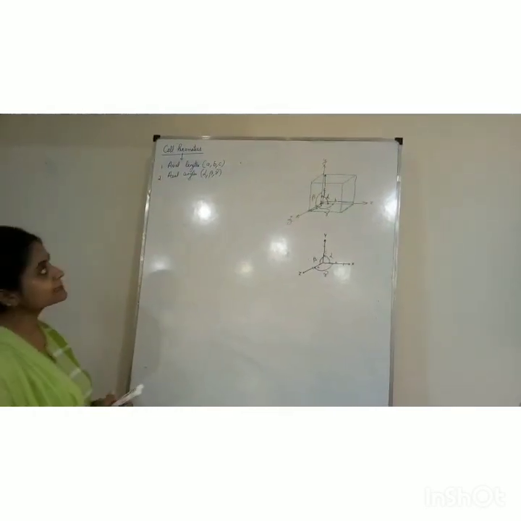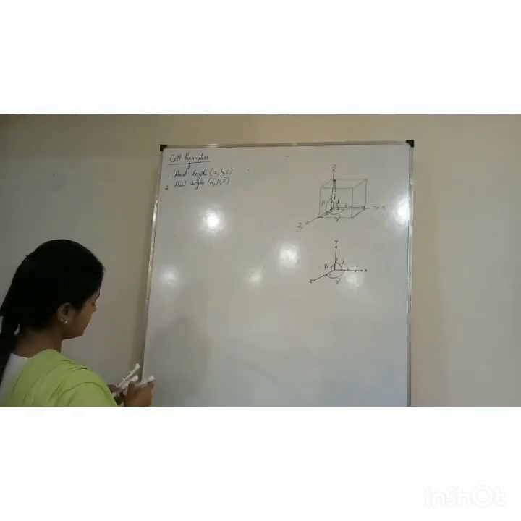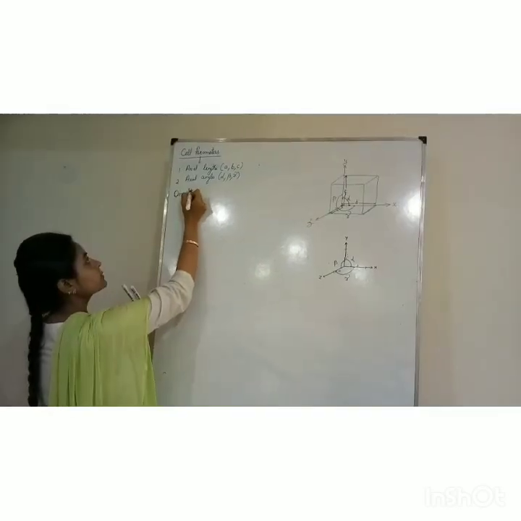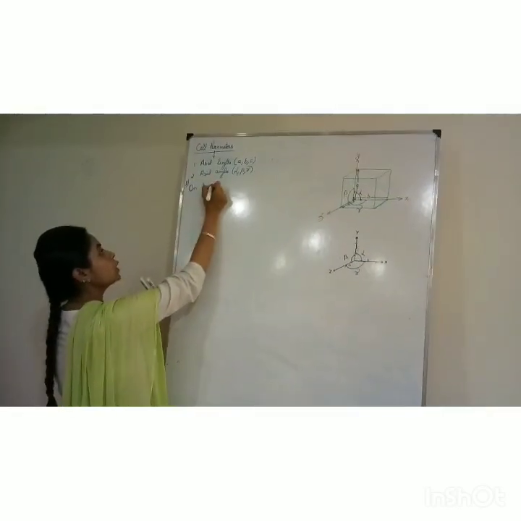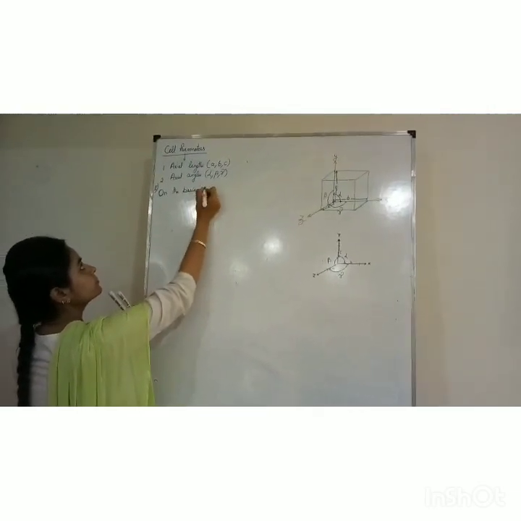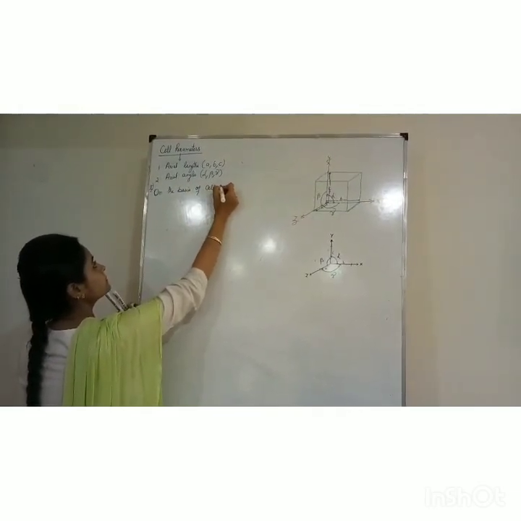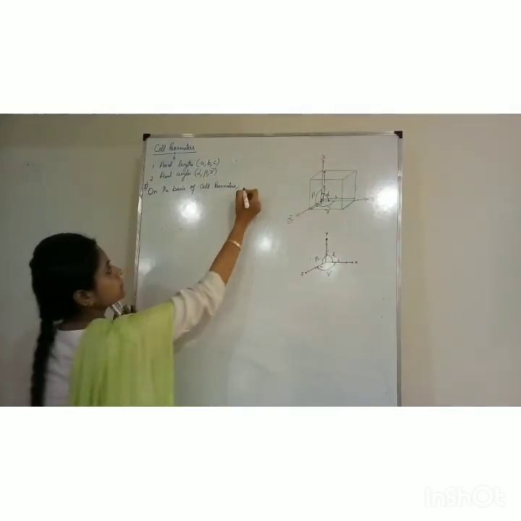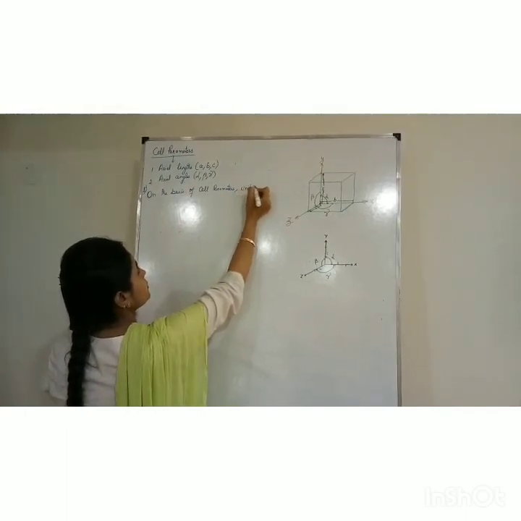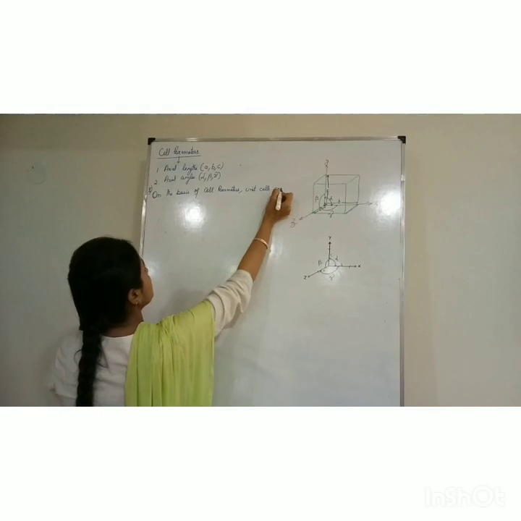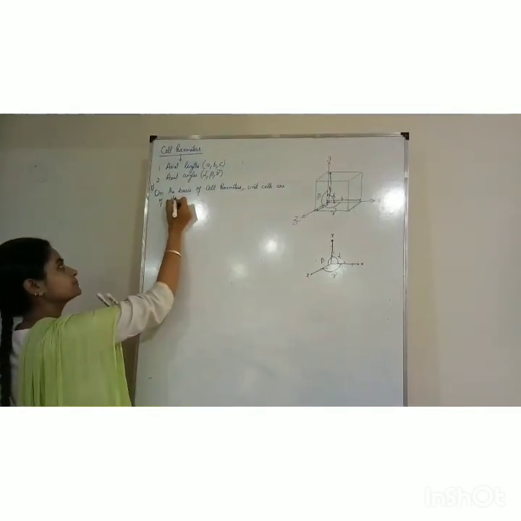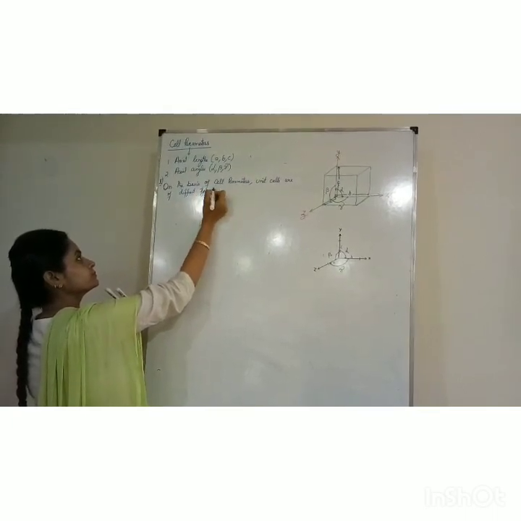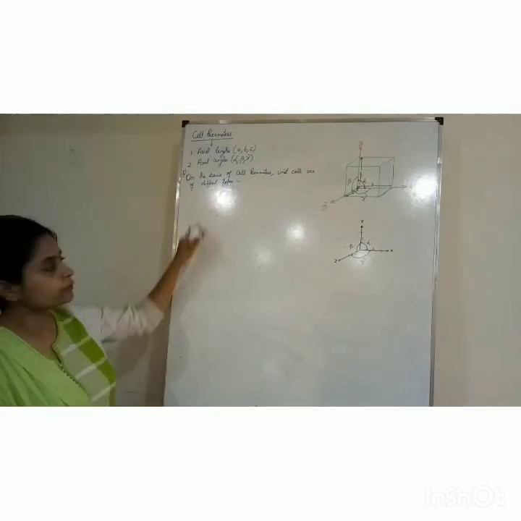Now, on the basis of these cell parameters, we have different types of unit cells. So the second classification of unit cell is on the basis of cell parameters. Unit cells are of different types. This can be shown with the help of a table.